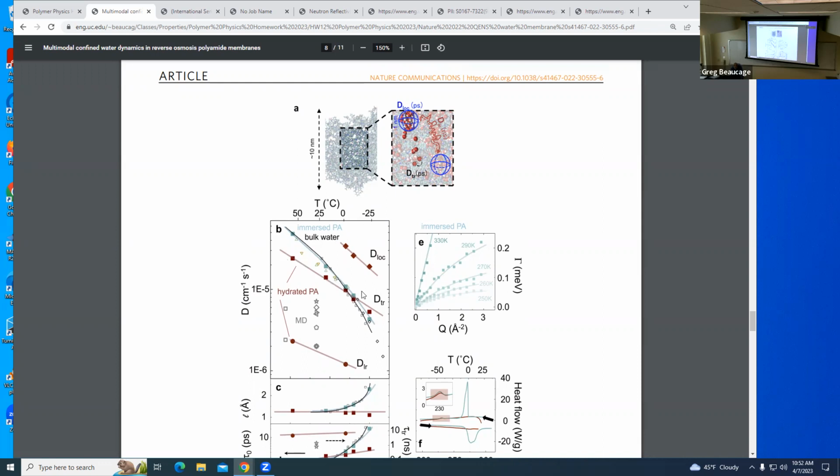And then he says there's this fast diffusion of the translation, and then the local. I don't remember what local is. Oh, local is within that cluster. Then what are these things? These are bulk water. Local is confined motion, I guess, within the cluster. This is bulk water, and then this is his translational diffusion that he gets.